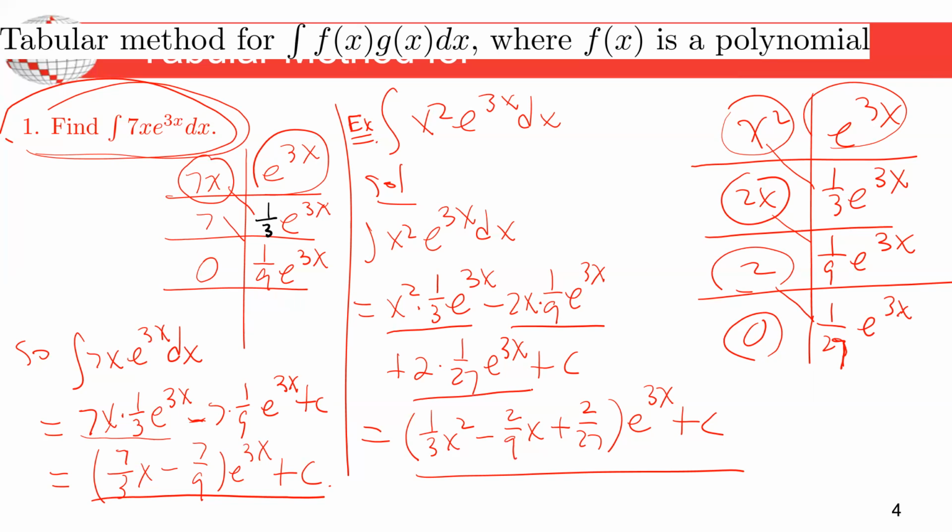The signs of the 3 terms are plus, minus, plus. And again, we always add a constant to those functions. So now we can factor e to 3x, and we get the final form of the solution.